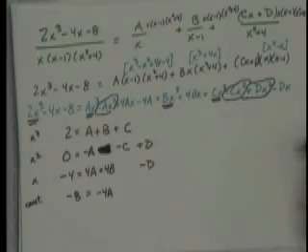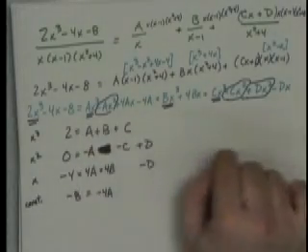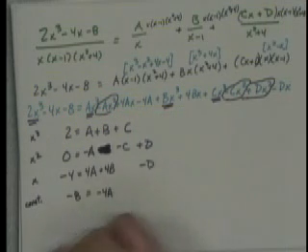So we have a system of equations, 4 unknowns, A, B, C, and D, 4 equations.